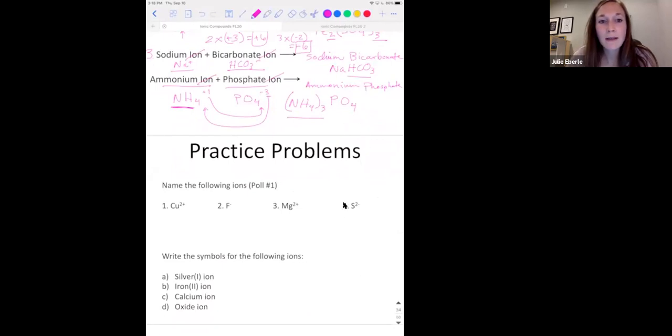Okay, so just name these ions. You have to do all 4 before I think you can submit your answer.